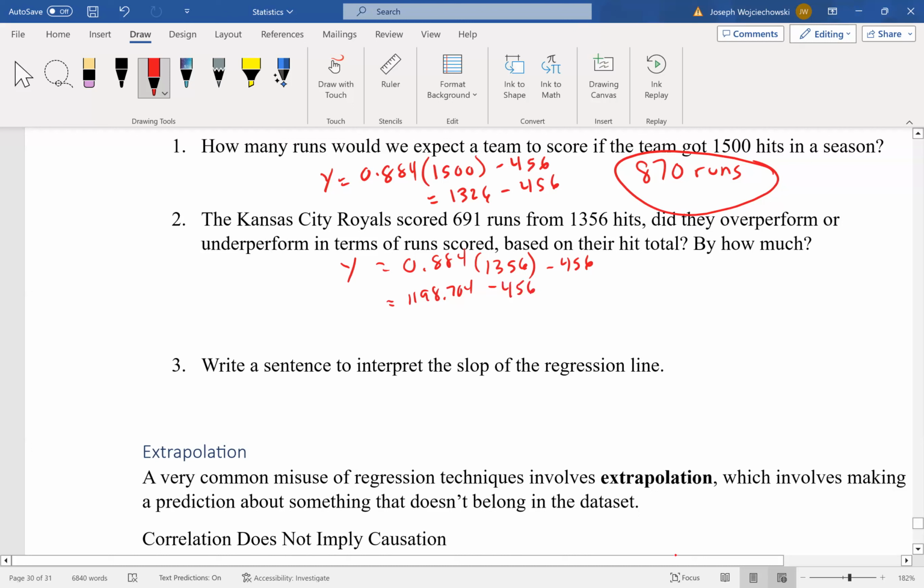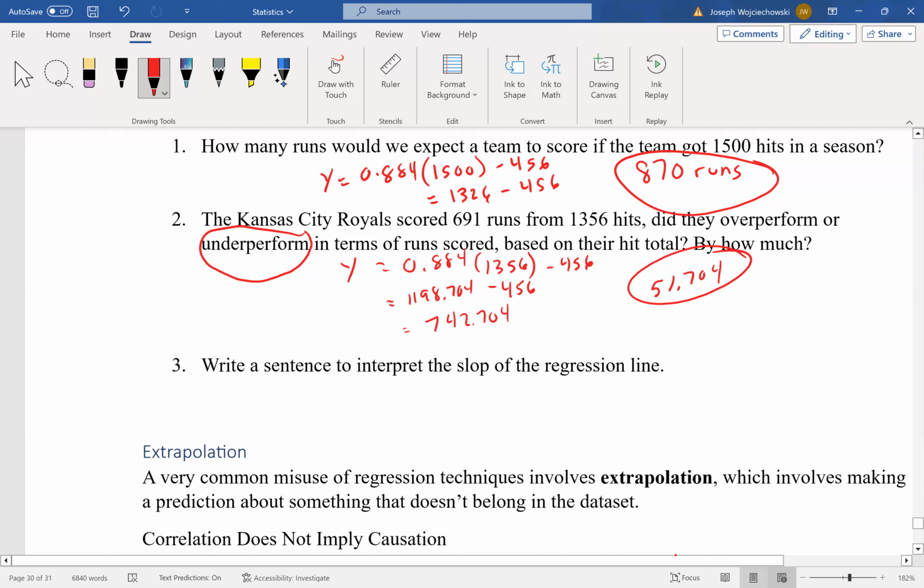Subtract our 456 and we get 742.704. That's what they should have scored, but they only scored 691, so they underperformed. They didn't score as many as would be predicted here, and the difference would be 51.704.